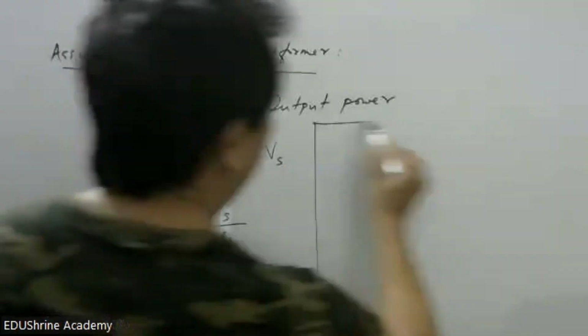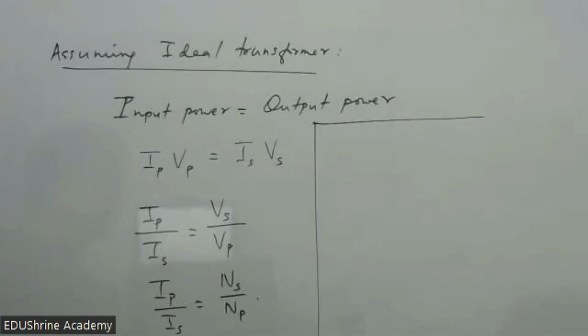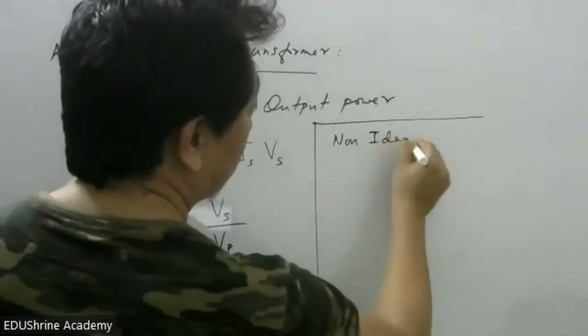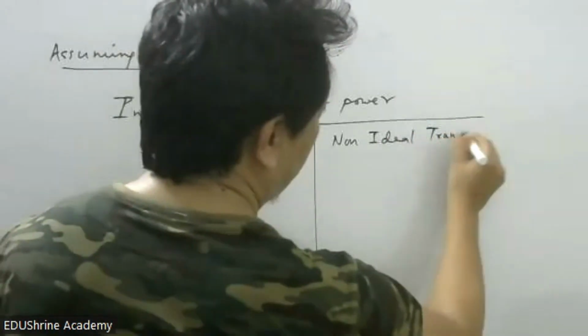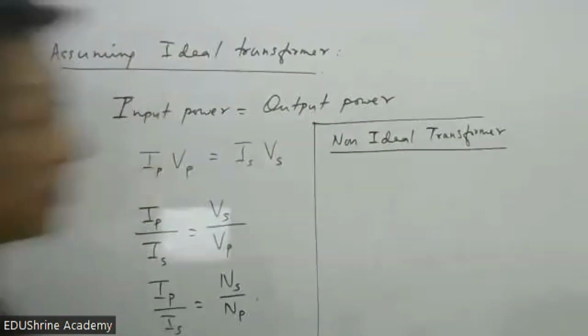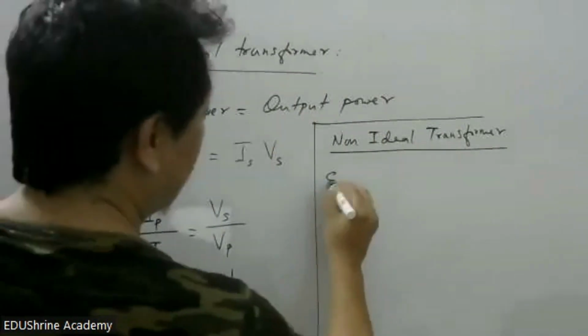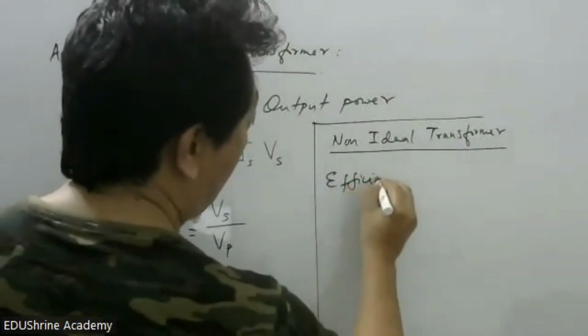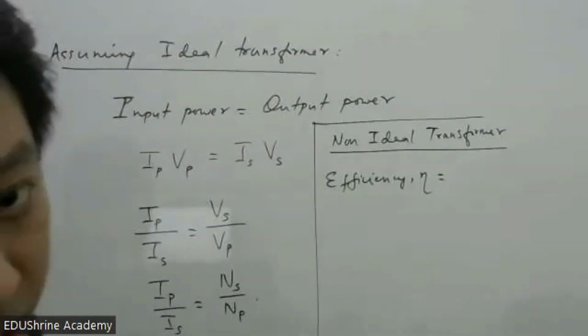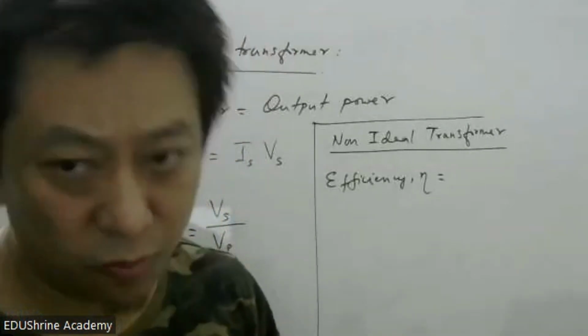Okay. What if it is not an ideal transformer? So non-ideal. For a non-ideal transformer, they will mention the efficiency: 30%, 50%, 40%, 0.4, whatever.